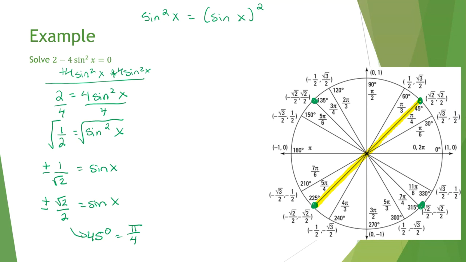And then if I add pi again, I get back to pi over 4. So I can actually hit 2 of the answers with one equation by adding pi instead of 2 pi. I could do the same thing with the other one. I can take an equation for 3 pi over 4, add pi, and then I hit 7 pi over 4. Add pi again, I get back to 3 pi over 4. So I can narrow this down to 2 equations.